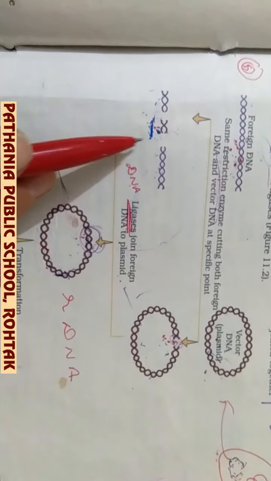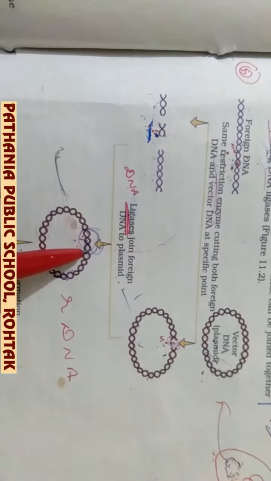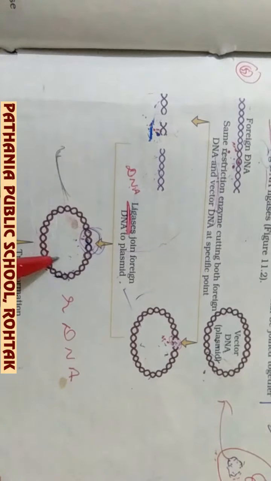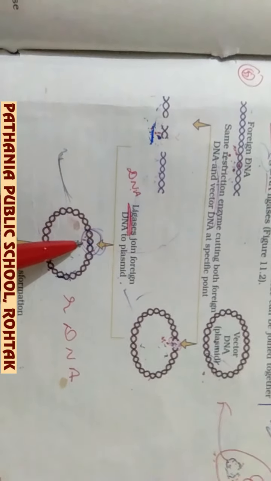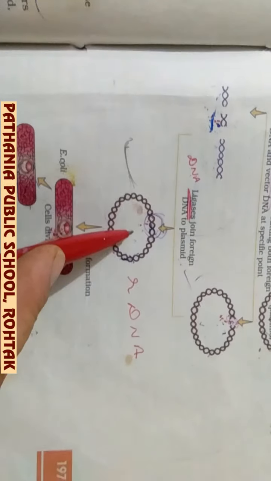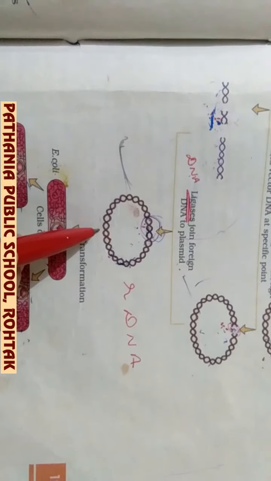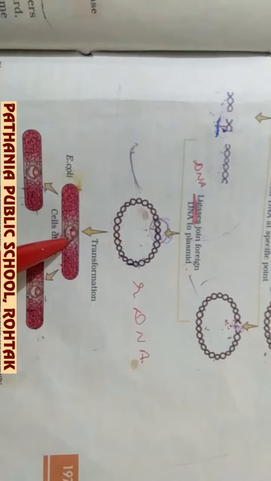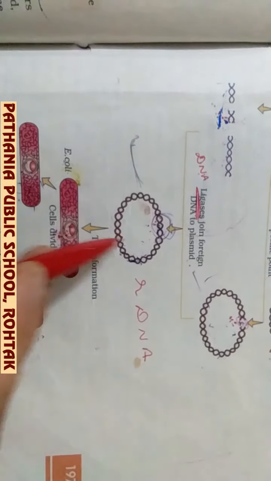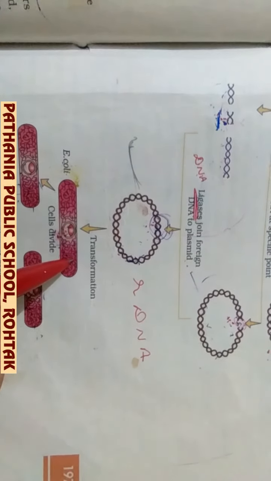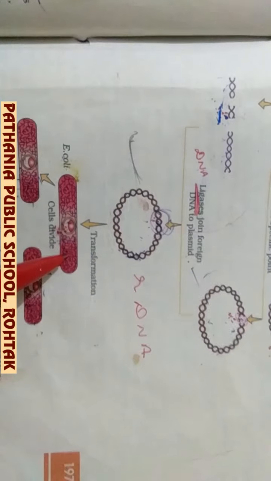And then the desired segment is ligated or joined with the plasmid DNA with the help of DNA ligase, and then this recombinant DNA is introduced into the host cell, and this will now get ligated with the host DNA.